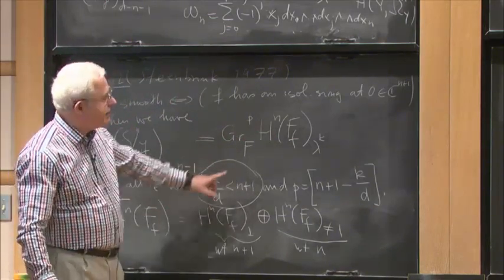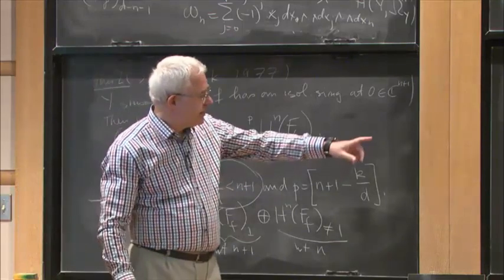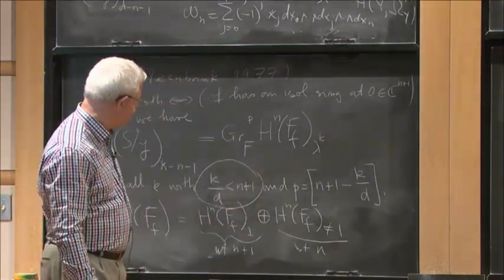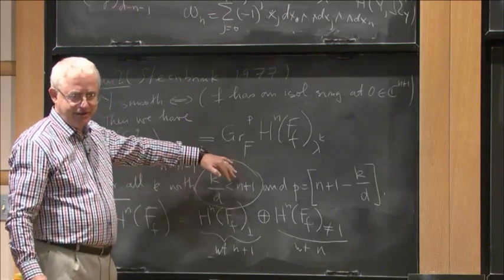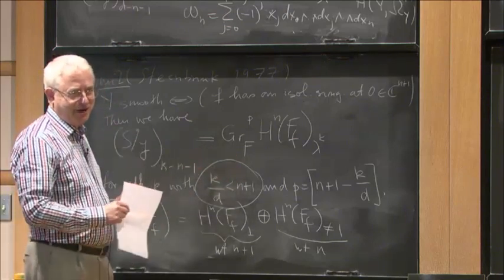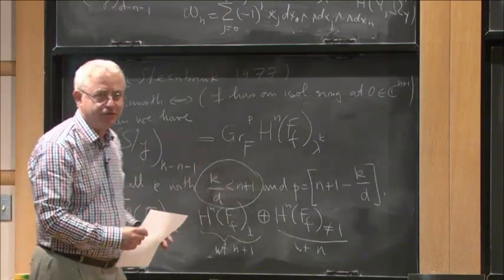And if we compare this with the bound over there, in the case of nodal hypersurfaces, you see that we go up to half of the dimension. So up to half, the first half, we have a complete understanding of what is going on.